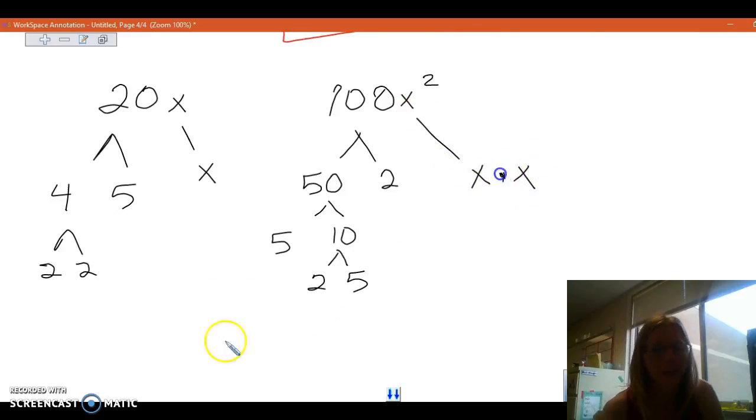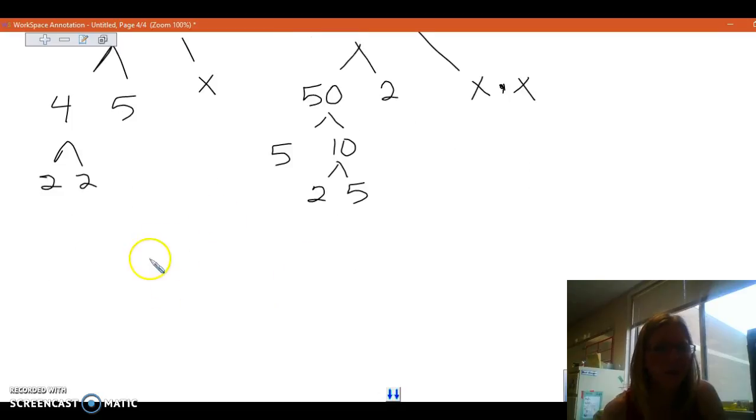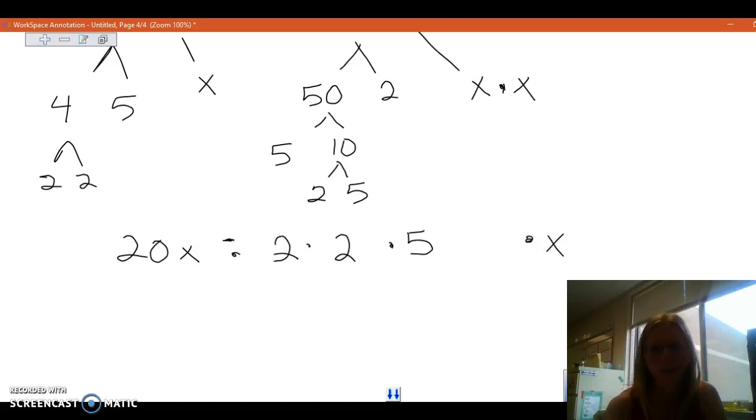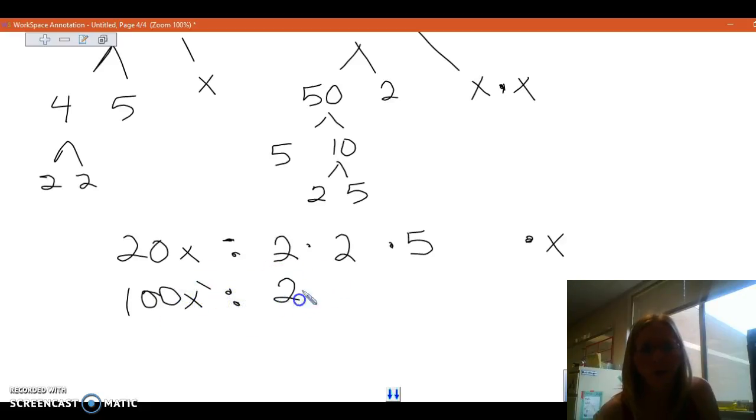Now we look for what's in common and we create our lists. So 20x, we get the 2 times the 2 times a 5, leave a little space just in case, times this x. The 100, x squared, we have 2 2's, 2 5's, and 2 x's.